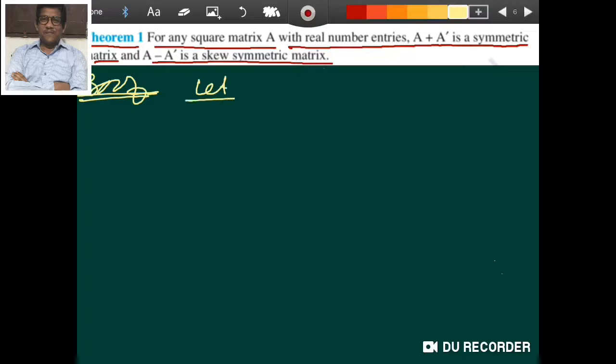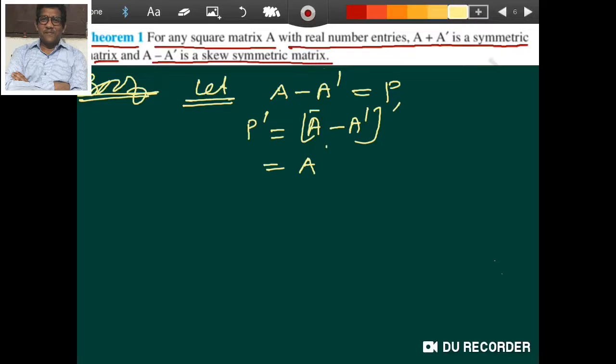Let A minus A dash be equal to P. We find P dash, (A minus A dash) dash. This gives A dash minus A dash dash.